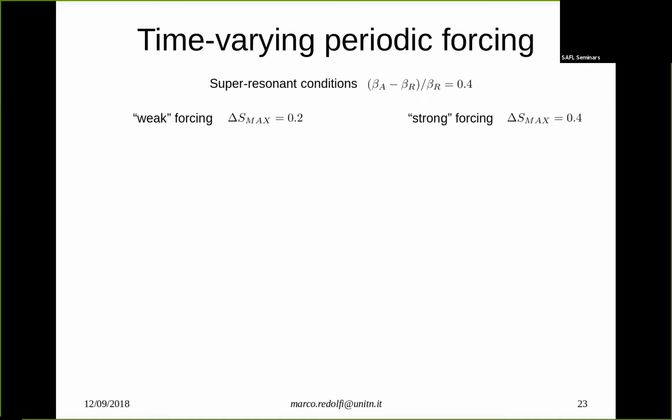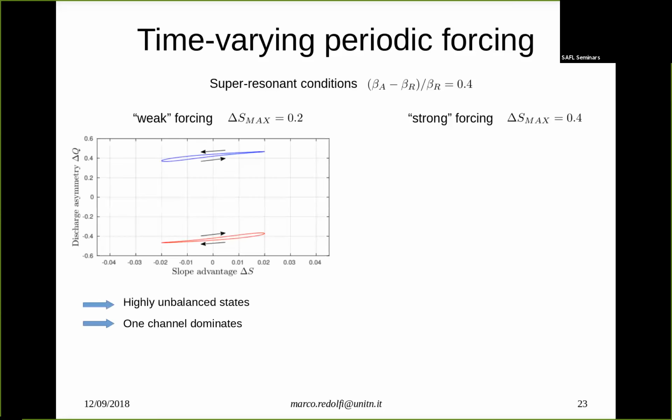If the forcing is relatively weak, the limiting cycle, after a transitory phase, either stays on one branch or on the other branch of the solution. Which one? It depends, of course, on the initial condition. So the system can evolve from one state and stay there, or the other state and oscillate there.